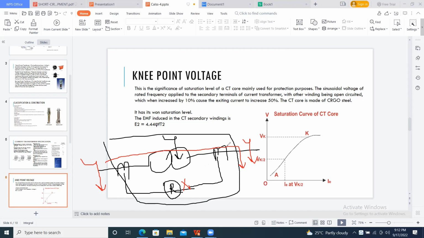All the CTs have magnetizing characteristics. Now, beyond the knee point, for a slight increase in the secondary voltage, a large increase in the excitation current is required.